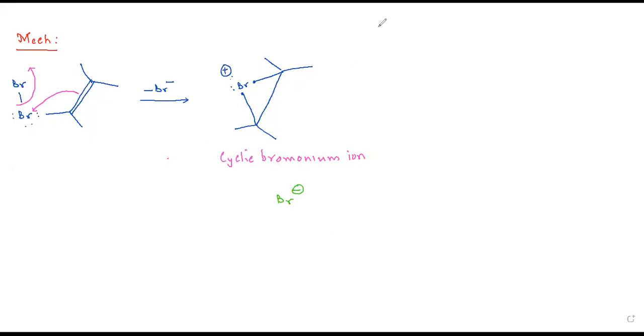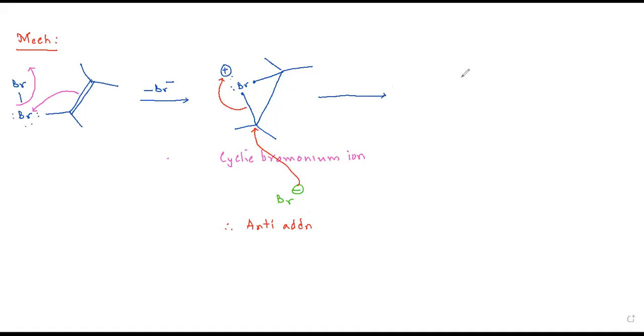Now, this actually attacks from the opposite side. Now, this is what I call anti-addition. Anti-addition. Okay, look at what happens. See, as and when the bromide attacks an anti-position, what happens? This immediately goes towards the positive charge.